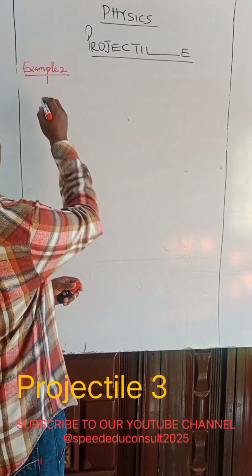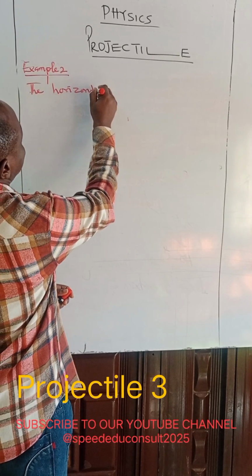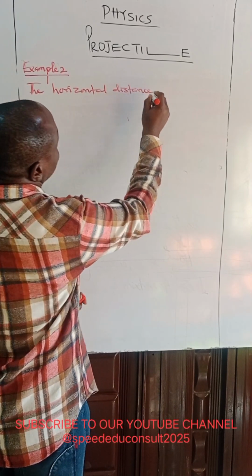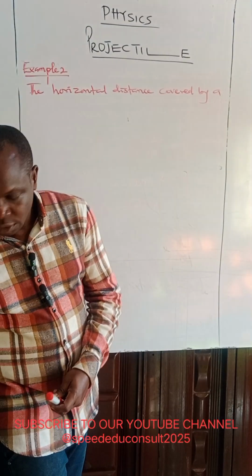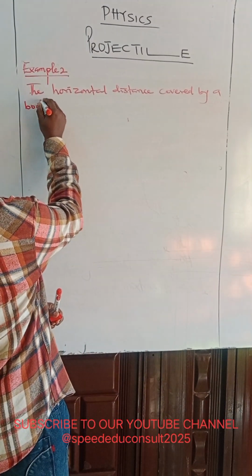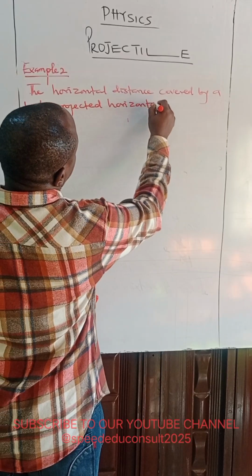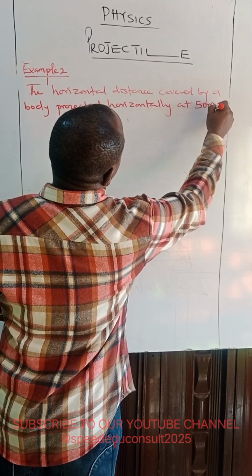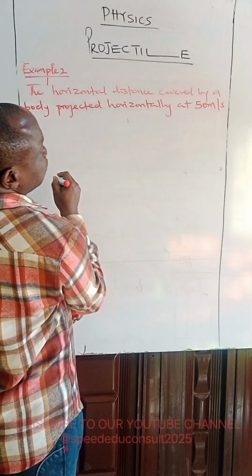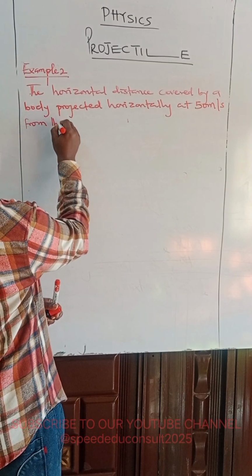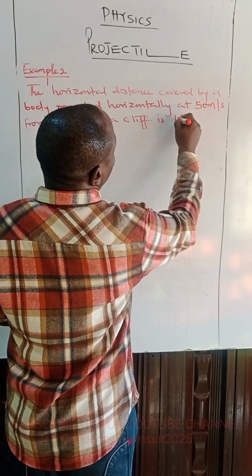Example 2. The horizontal distance covered by a body projected horizontally at 50 meters per second from the top of a cliff is 140 meters.